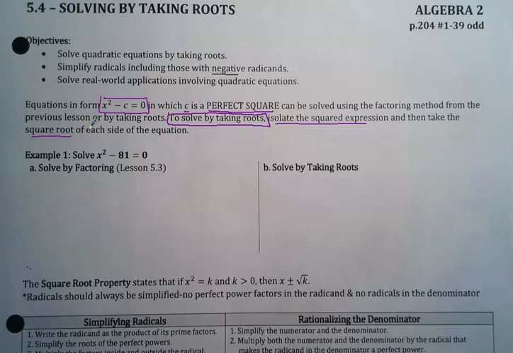However, let's look at the solve by factoring that we did in lesson 5.3 so we can compare the two. If we're going to use this solve by factoring, our C term is here, right? Negative 81 is our C term, but we don't have a B term.